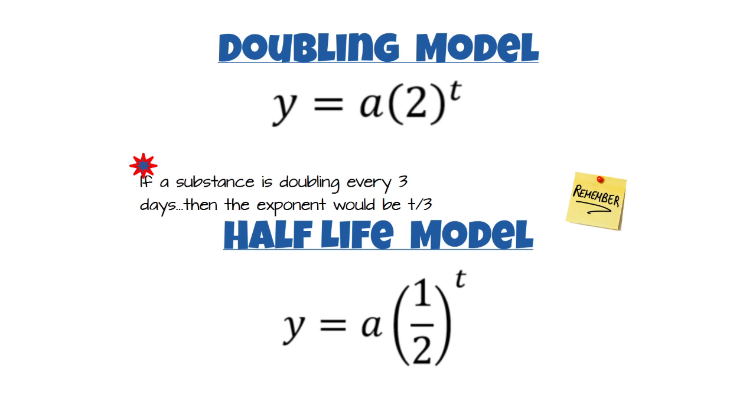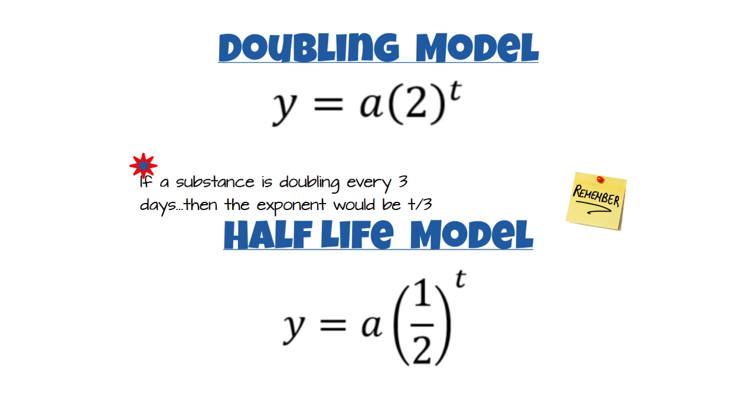The only thing tricky here, the only thing that's different is this piece right here that I have starred, so make note of this. If your substance is doubling, so we'll pretend it's a doubling problem, could be a half-life problem, but if you're doing it every 3 days, then your time has to be edited. It's not going to be a T because you're thinking of a unit of time. It's in hours, weeks, days.